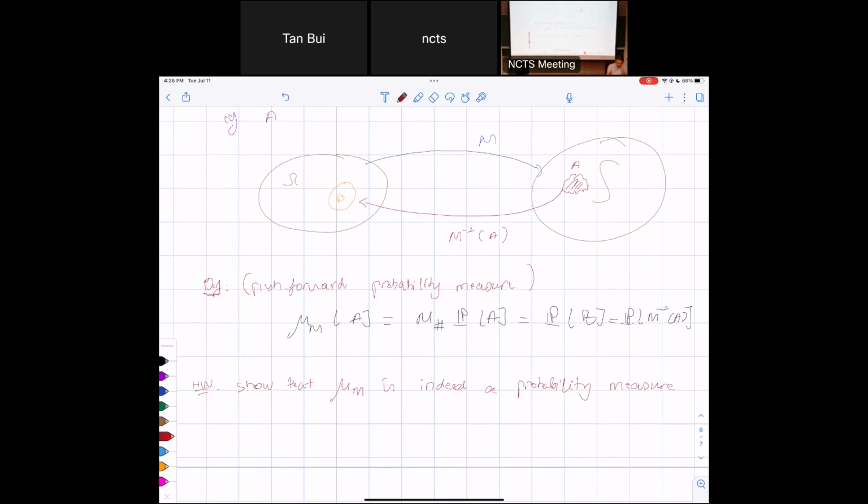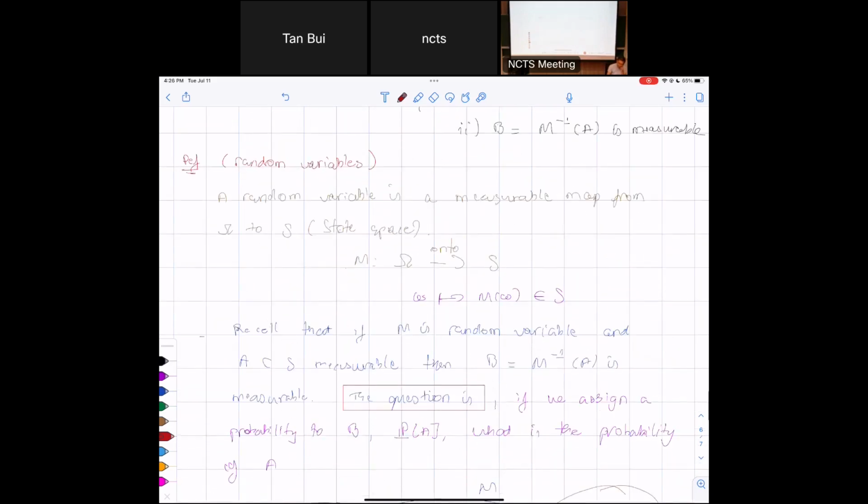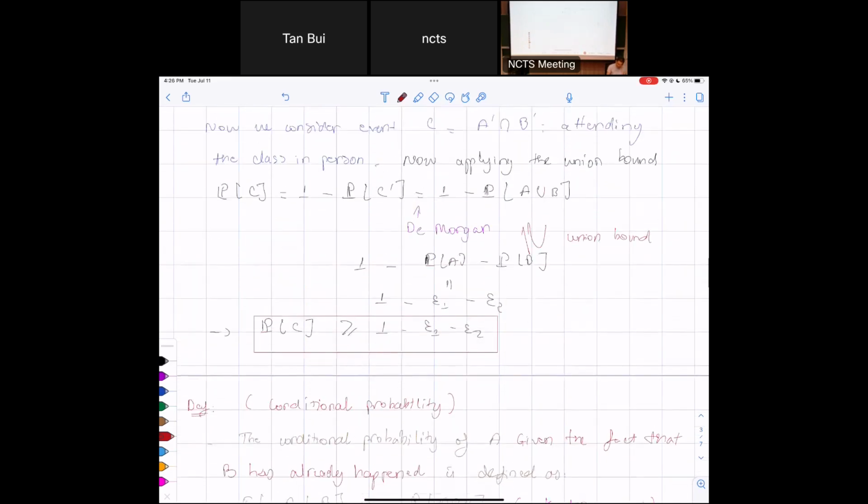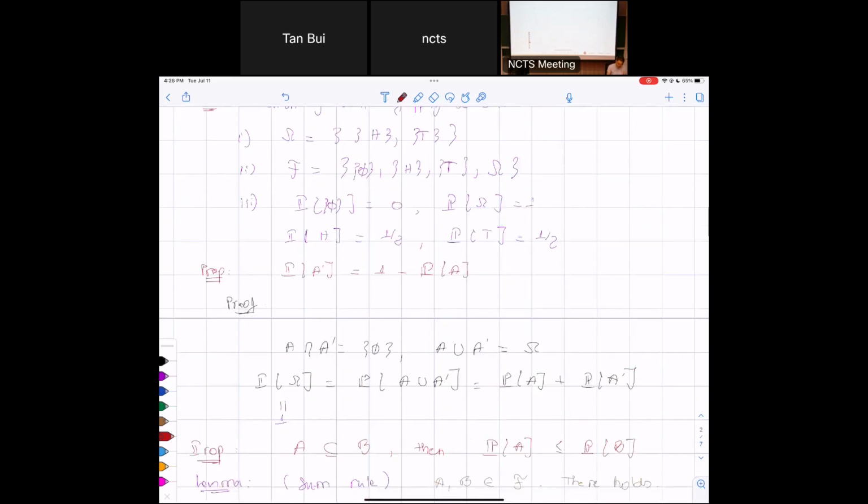In particular, you have to show the few conditions that I wrote here.